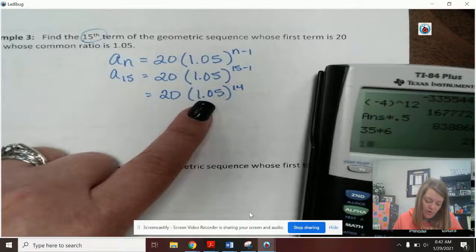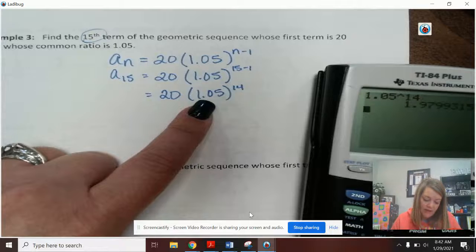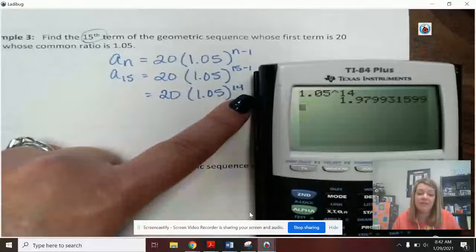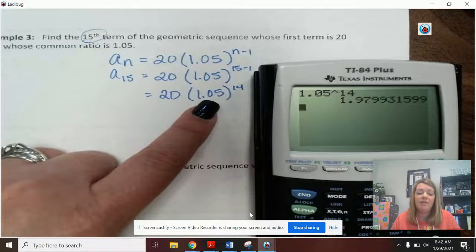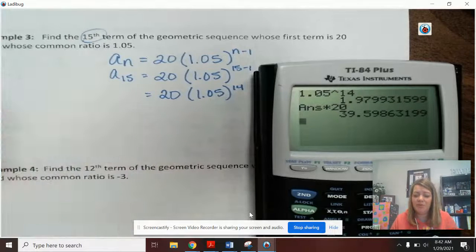Okay, so 1.05 to the 14th is 1.979999. Okay, I just did 1.05 to the 14th, right? And then I multiply that times 20. And I get 39.5986 etc. So I'm going to just stick with what we've been doing so far all along, which is rounding to 2 decimal places.